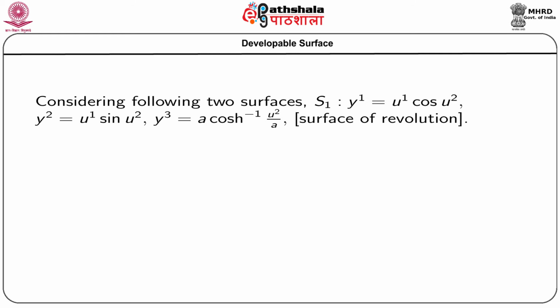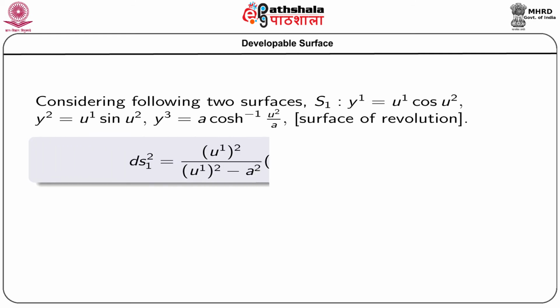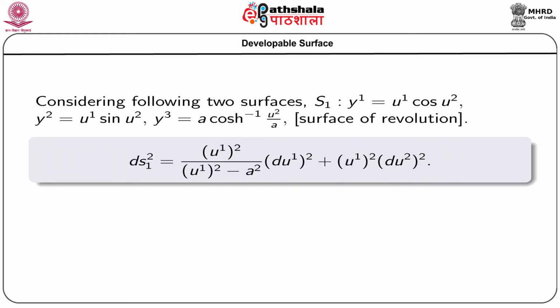This surface is a surface of revolution, and its ds1 square, the first fundamental form, if we calculate, you can easily calculate this one, you get this expression: u1 square by (u1 square minus a square) du1 square plus u1 square du2 square.